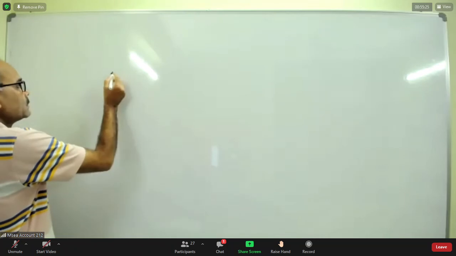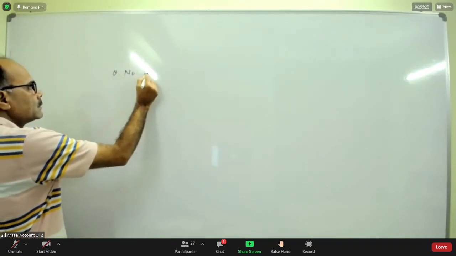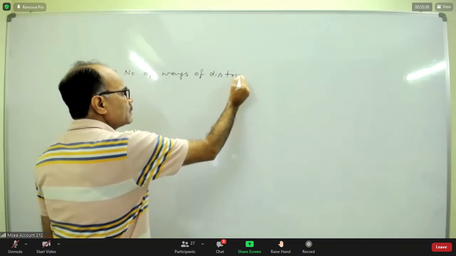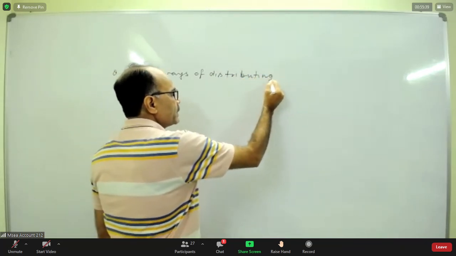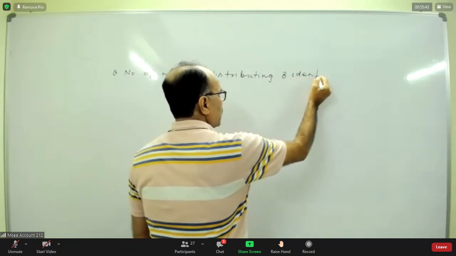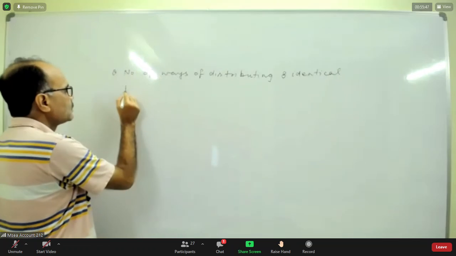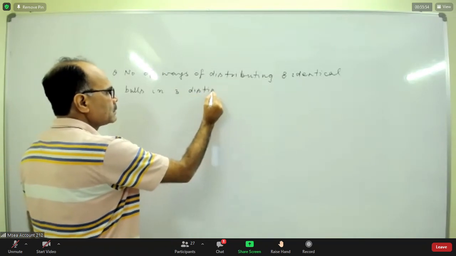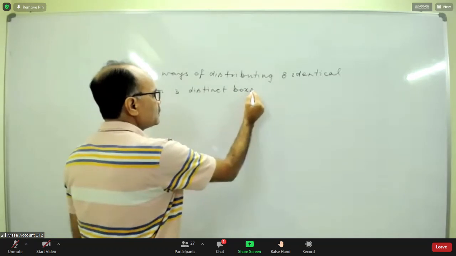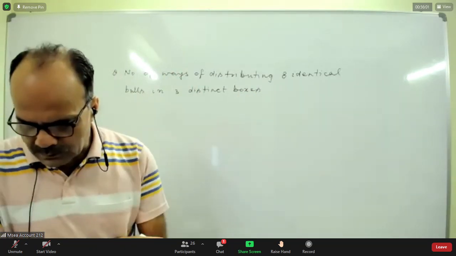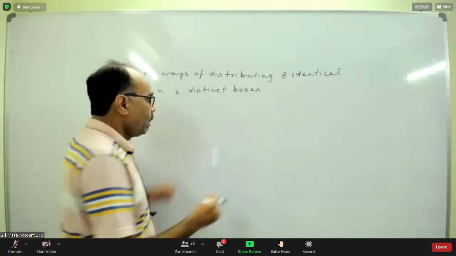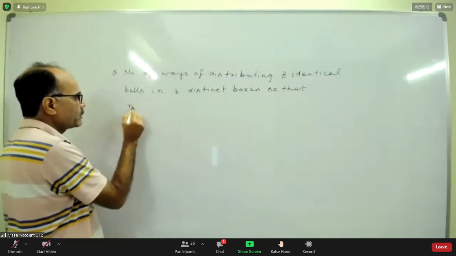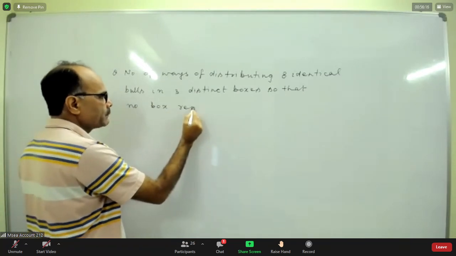Number of ways of distributing 8 identical balls in 3 distinct boxes so that no box remains empty.